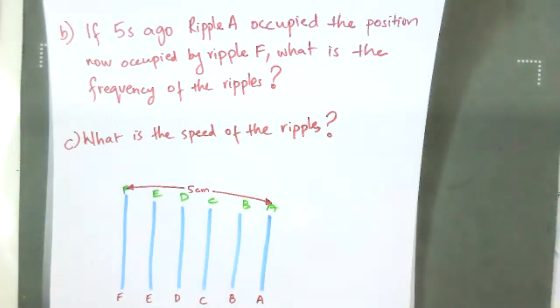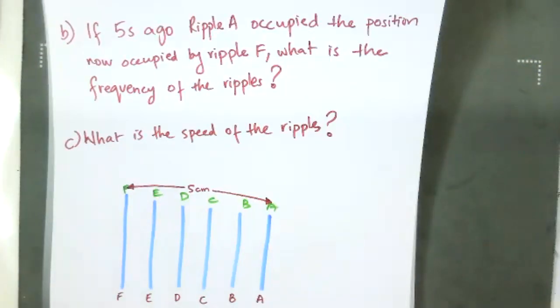That means in 5 seconds, 5 waves passed by a particular point. If A is now occupying the position of F, that means in 5 seconds, 5 waves pass through the point F.